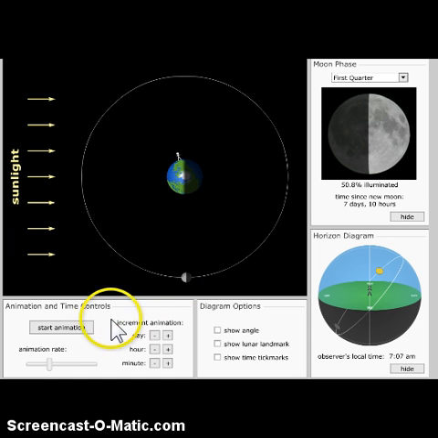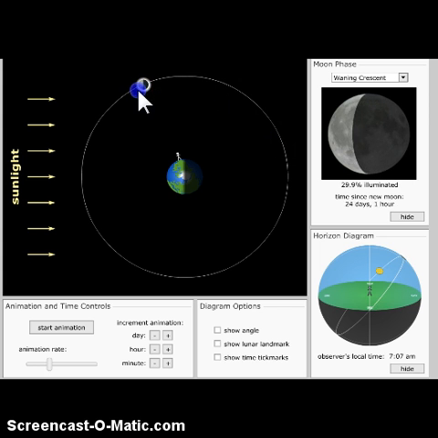Okay, so as this guy spins around, what you want to do is every time you see a diagram, you want to draw a person on here and you want to see what he's going to see. So if I move the moon here to where this guy would be looking out, okay, he's going to look up at the moon and he can only see this one side, the side facing him.